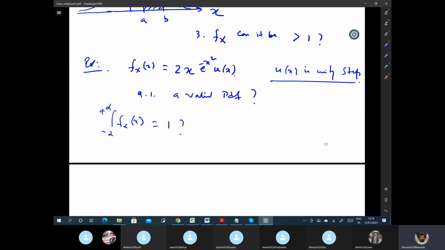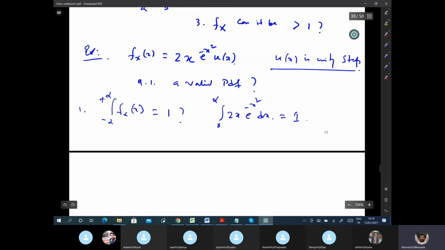Since it is ux, we need to go from 0 to plus infinity, 2x e to the power minus x square dx. Is it unity? Yes, sir, it is unity.